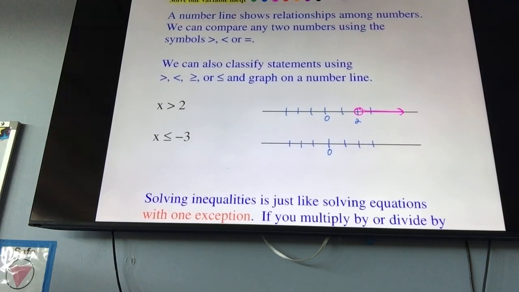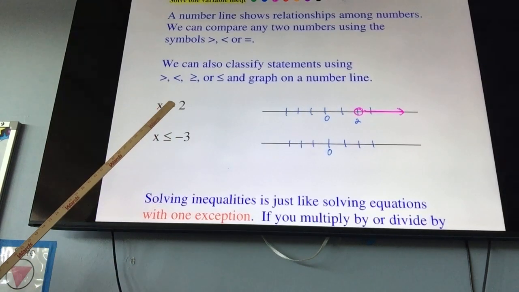We leave it open to indicate that 2 is not included, but it begins at 2. Anything greater than 2. The line and the arrow go towards the right. You'll notice that the line and the arrow go in the same direction as the inequality symbol is pointing.